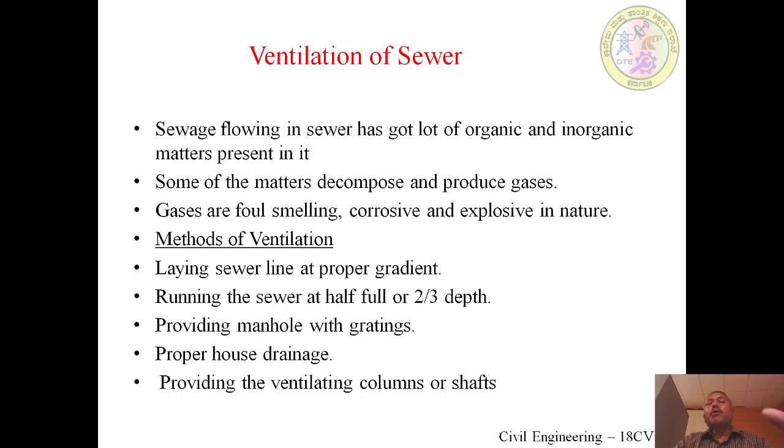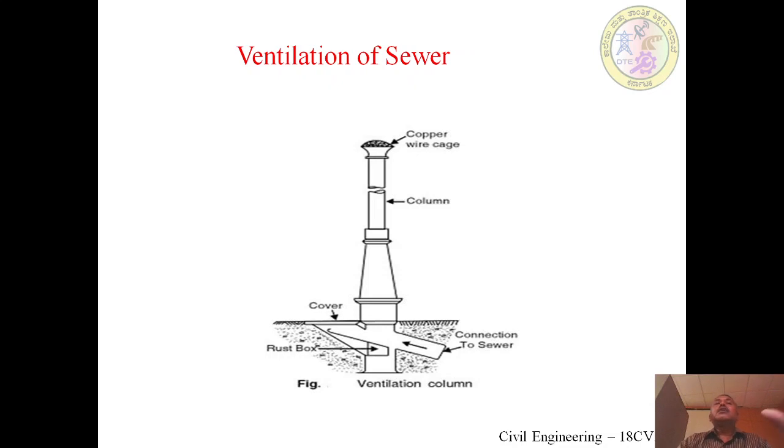And also providing the ventilating columns, means a vertical ventilating column should be provided in order to escape the gases which are produced in the sewer line into the atmosphere. See here, you can see a sectional view of a ventilating shaft or a ventilating column, and we can see the ground level.